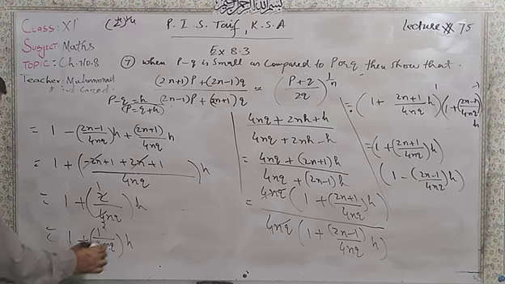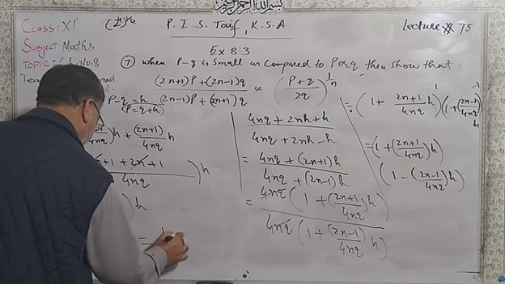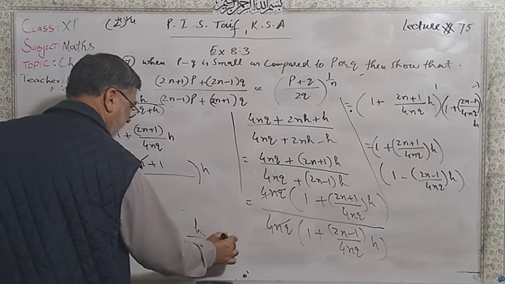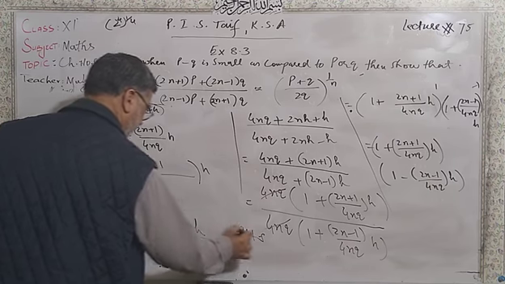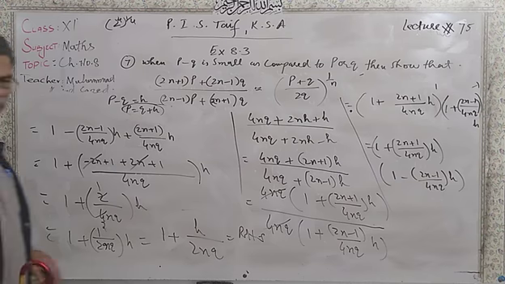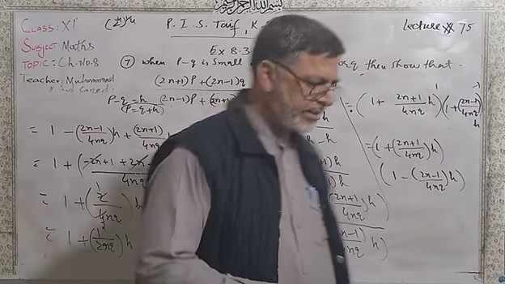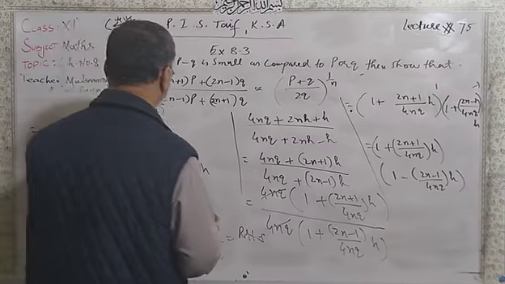And here you can have 1 plus H over 2nQ. That was your right hand side. Here is the left hand side. So your answer. I hope that you understood this question.